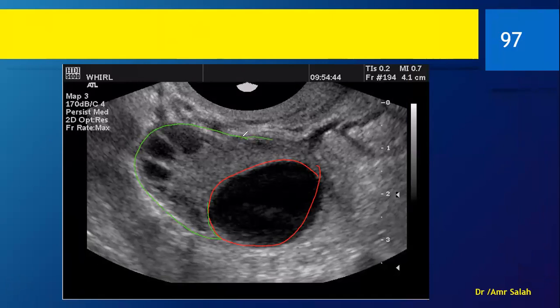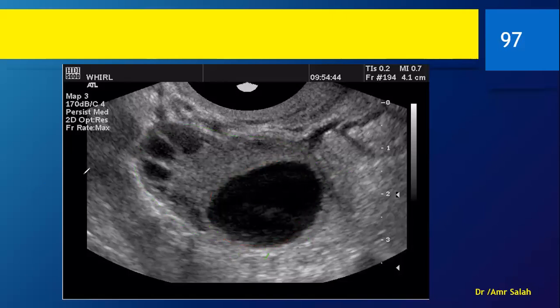And voila, the ovary is seen around the cyst. You cannot trace the outline of the ovary without including the cyst, because it is essentially inside it. So this is an ovarian cyst. Very good.